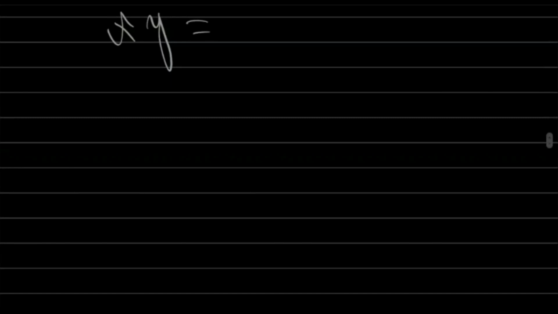But this is less useful than what we actually use for vector multiplication, which is beyond the scope of these notes. So we're just going to talk about scalar multiplication.